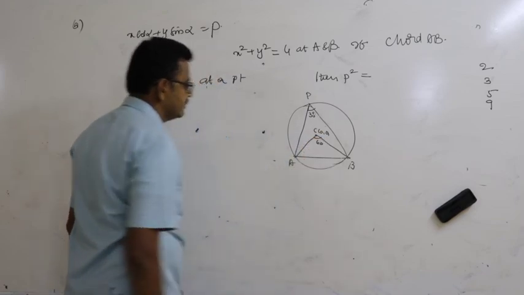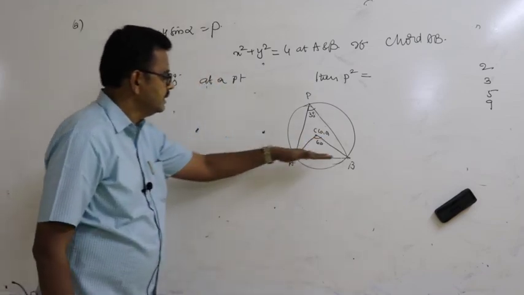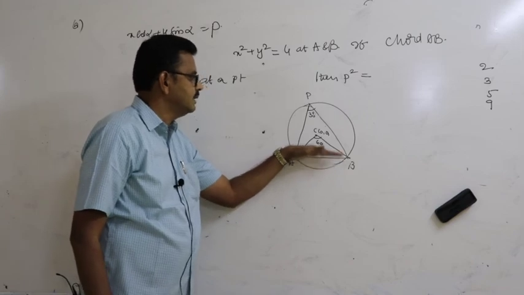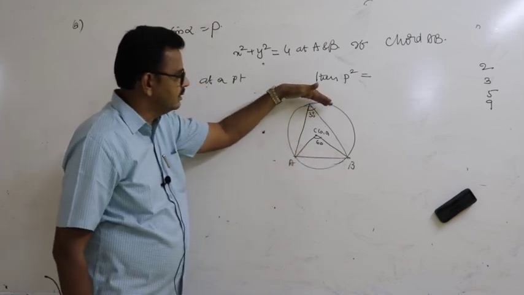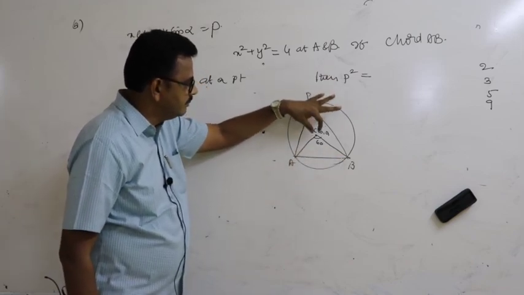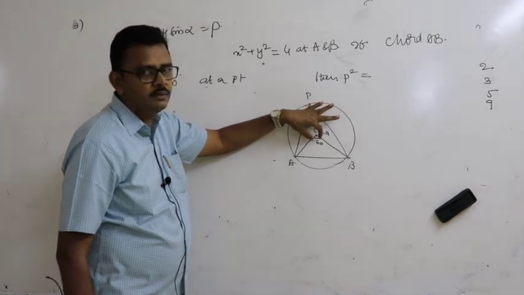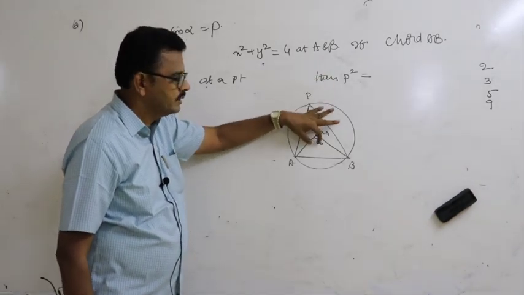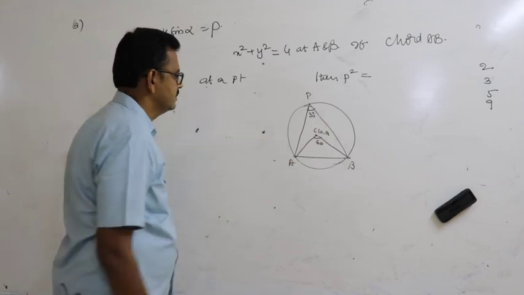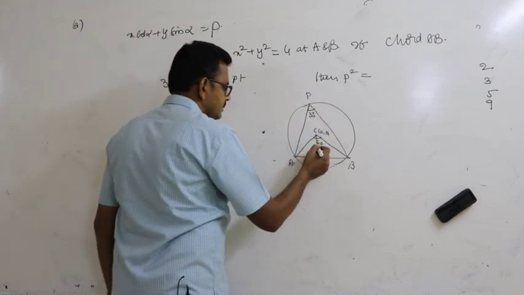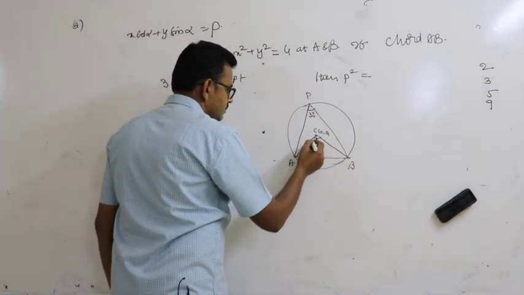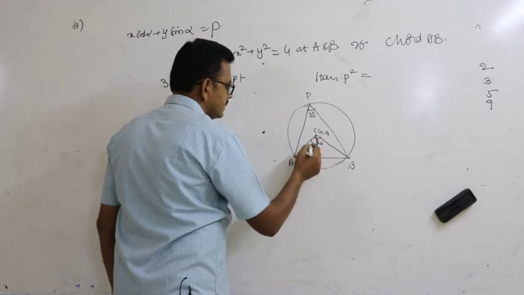If the chord AB makes an angle theta at the circumference of the circle, then it makes an angle 2 theta at the center. So here it is 30 degrees, this is 60 degrees.